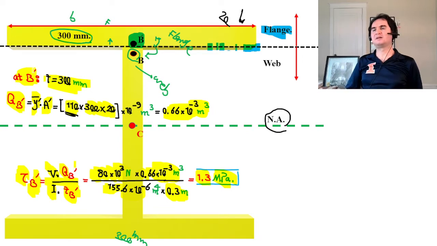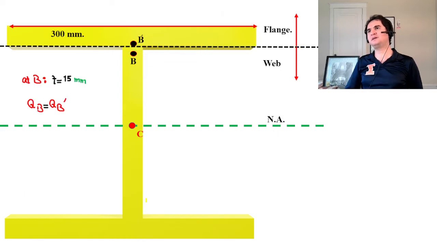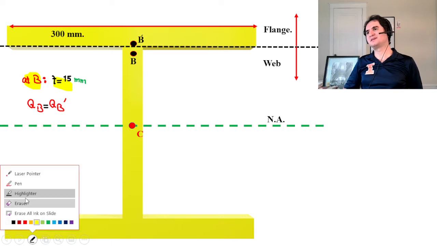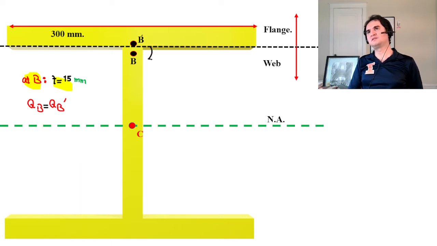Let's see what happens if we come a little bit lower than the separation line, which enters us into the web. That's point B. As soon as you climb down a bit from the separation line, you are now in the web.